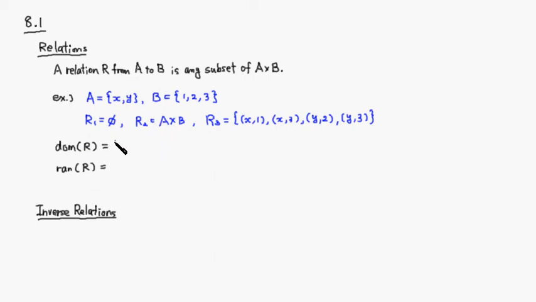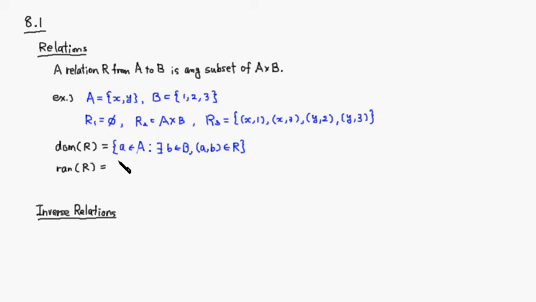So the domain of a relation, by definition, is just a collection of elements from the set A, such that there exists some b in set B so that a is related to b by this relation R. It's basically just a collection of the first elements.